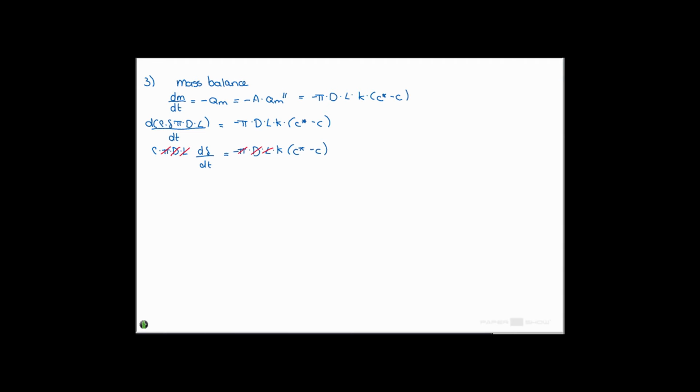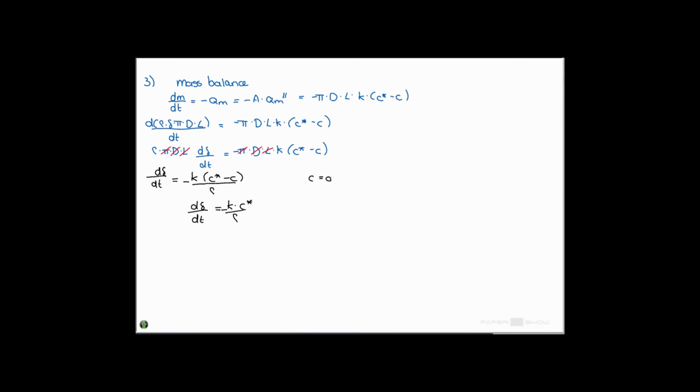This means that the differential equation of the thickness of the layer of sediment as a function of time equals minus k times C star minus C divided by the density. As the bulk is so large that the sedimentation concentration is negligible, C is 0. Therefore, you can rewrite the equation to minus k times C star divided by rho.